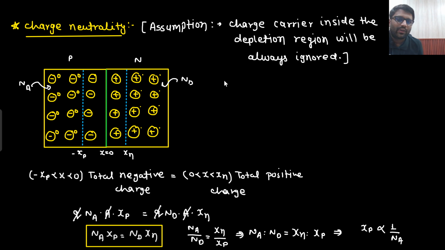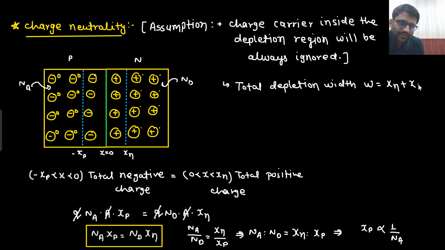Forget about it. If you are not able to understand, let's see here. What will be your total depletion width? The total depletion width could be given as W, which equals xn plus xp. So W would be equal to, in place of xn, what can I put?